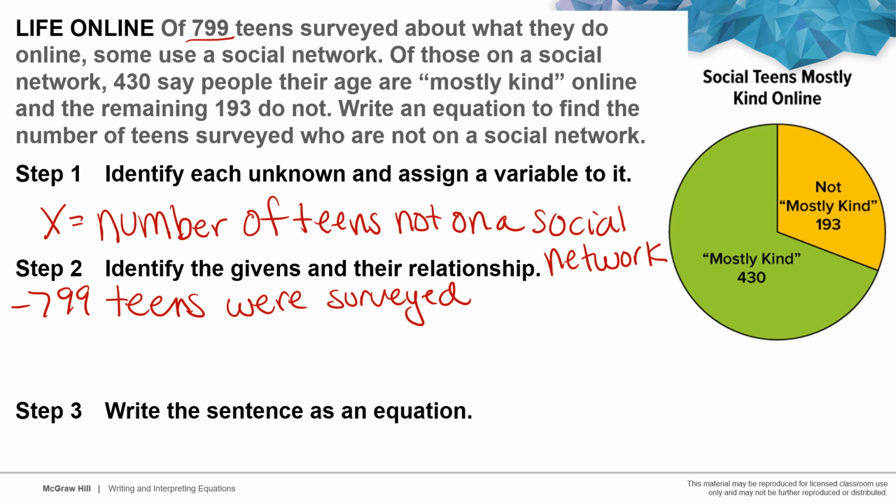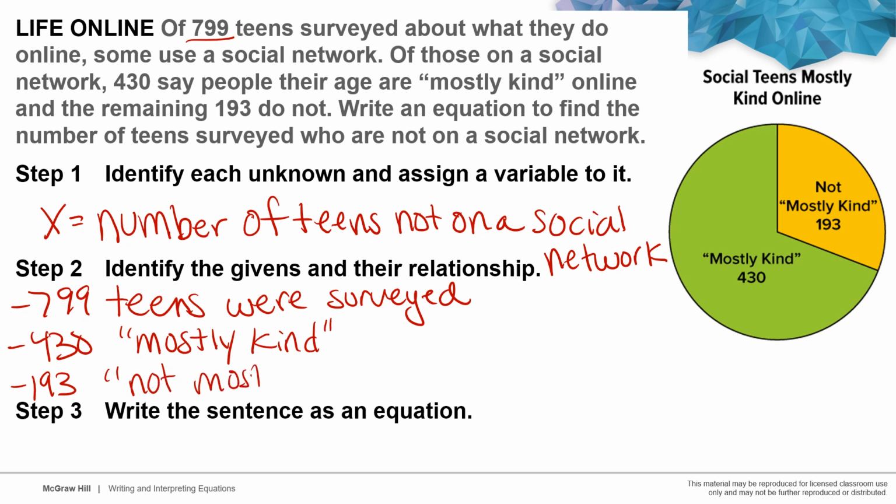What's another thing that they give us? They say 430 are mostly kind. And then the last thing is that 193 are not mostly kind.